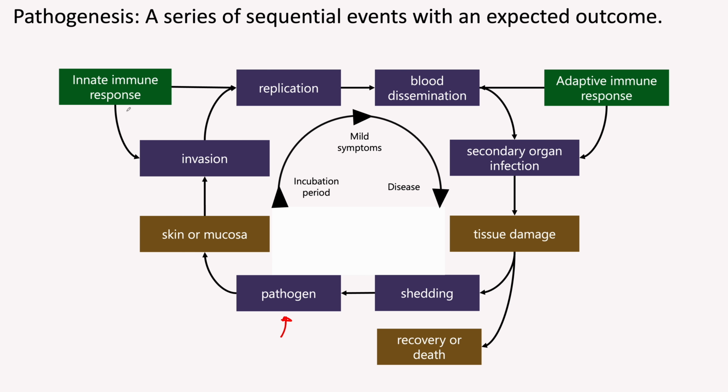Once the innate immune response starts trying to avoid the dissemination or infection of other organs, the release of cytokines by immune system cells, tumor necrosis factor, interferons, interleukins, are going to make us feel really bad, really miserable. We're going to have chills, lack of appetite, fatigue, malaise, joint pain, muscle pain, generalized pains.